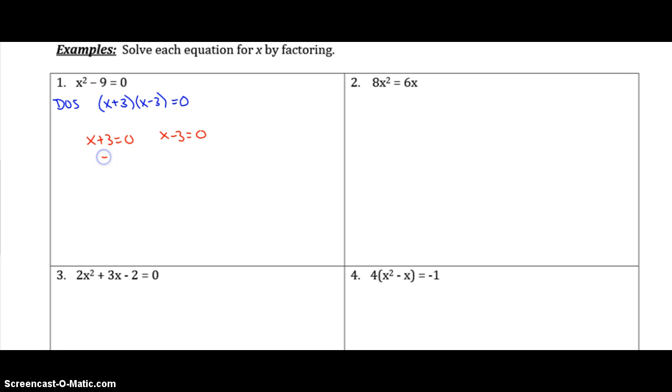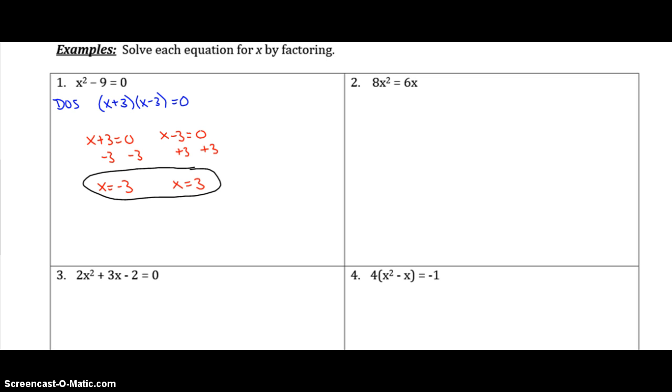So for here, subtract 3 from both sides. So you get x equals -3. For this one here, add 3 to both sides. That means you get x equals +3. And there are your two solutions.